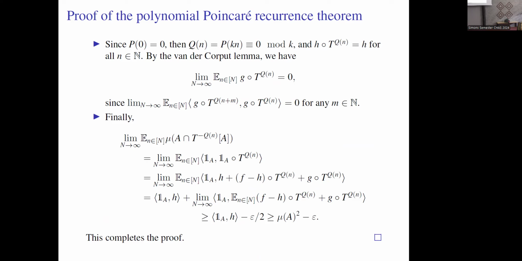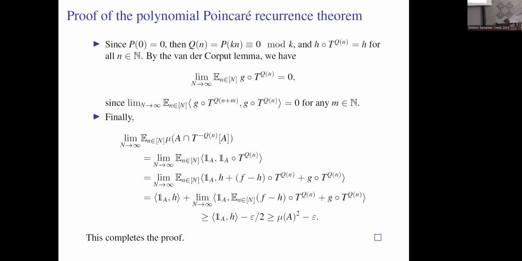Okay, so therefore this converges to 0, by the fact that G is totally ergodic.